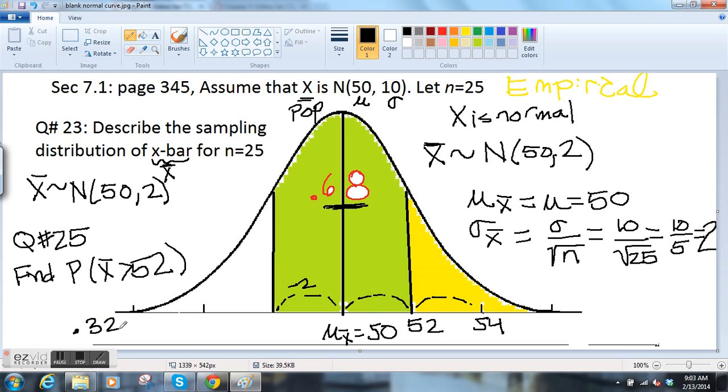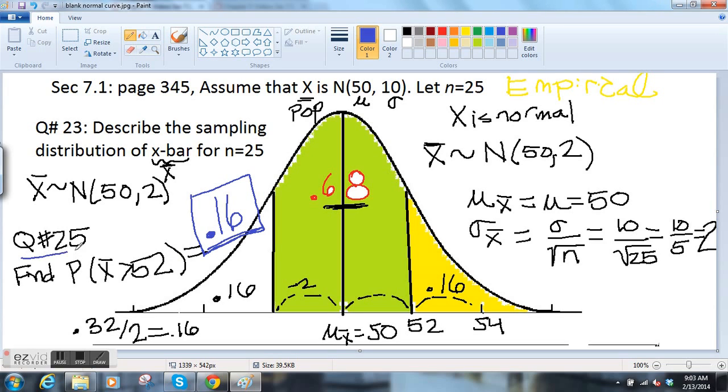So 32 divided by 2 is equal to 0.16. So there's 0.16 on that side, 0.16 on that side. So the answer is 0.16. That's using symmetry to answer that question.